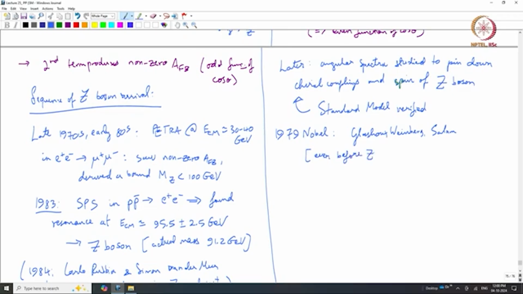4 years before, right? Even before Z was discovered at the SPS, because just based on the parity violation seen from Z gamma mixing.